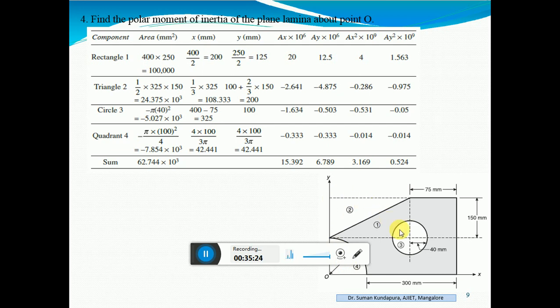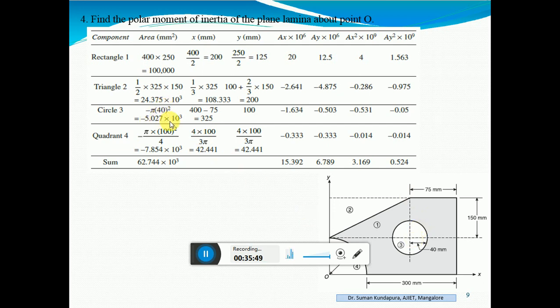So the cutoffs are the triangle, circle and the quarter circle or quadrant, and they have to have a negative sign. From the entire rectangle area, we will have to subtract these. You will get 62.744 into 10 raised to 3. Circle area is pi r square, where r is 40 mm.